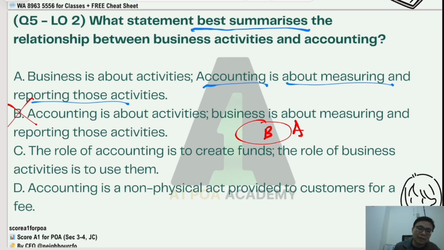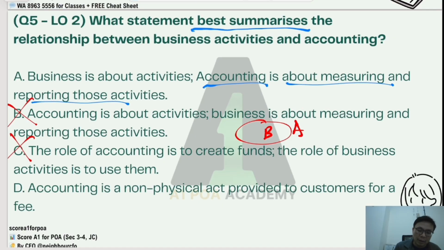Again, it is never the best summary, right? Here, we didn't really interlink the relationship between accounting and business activity. It never tells us which one is the bigger boundary, which one is a subset of the bigger boundary. Therefore, C is not the option.